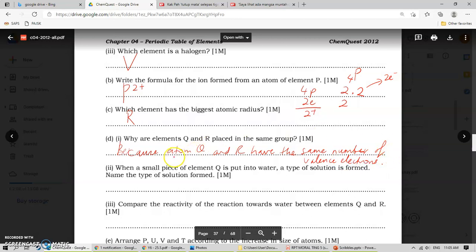You got to use the word atom. Atoms Q and R have the same number of valence electrons. You're talking about electrons, so use the word atom.